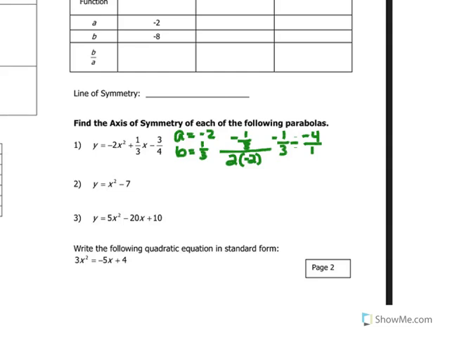Now remember, when we divide fractions, we leave the first fraction. So I'm going to put an equal sign here. So we have -1/3. We leave the first fraction. We change the division to multiplication, and we flip the second fraction.